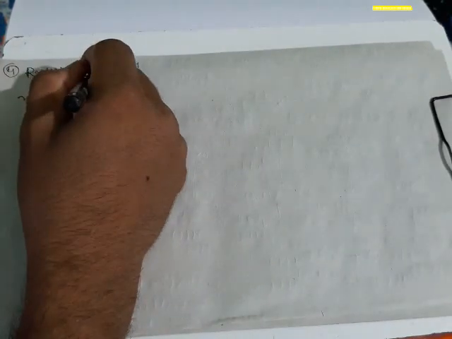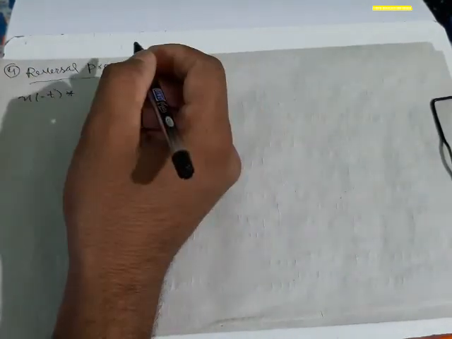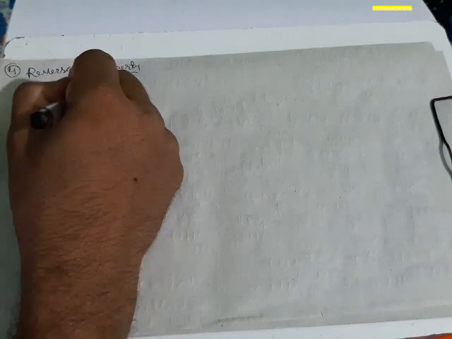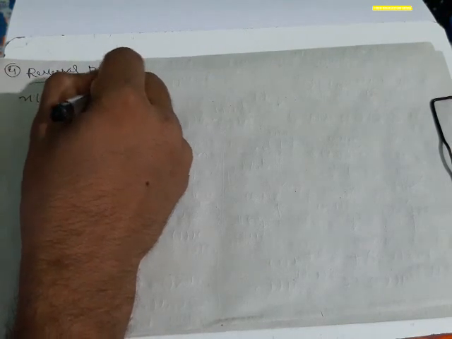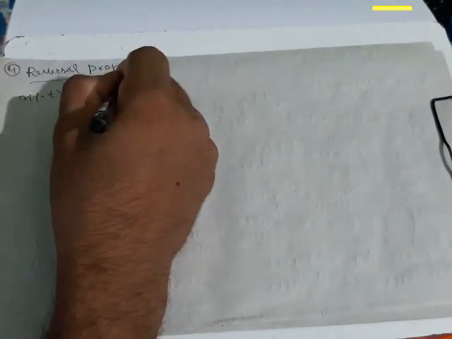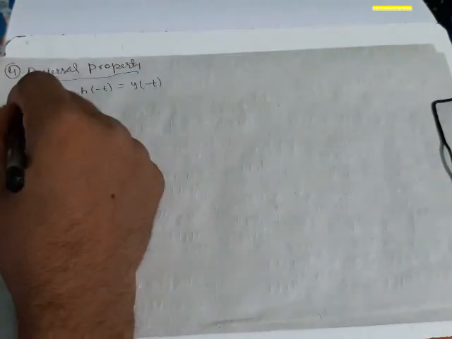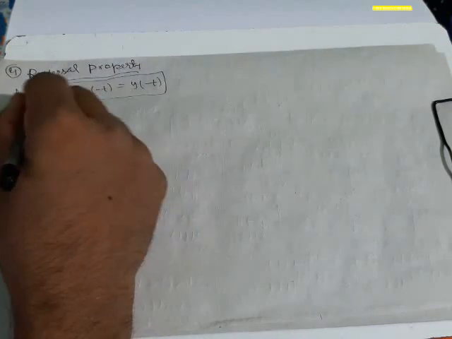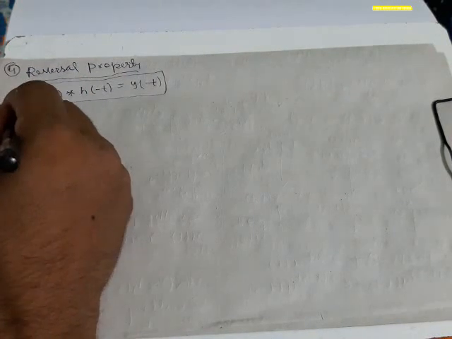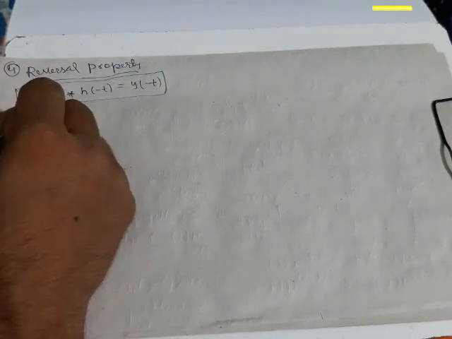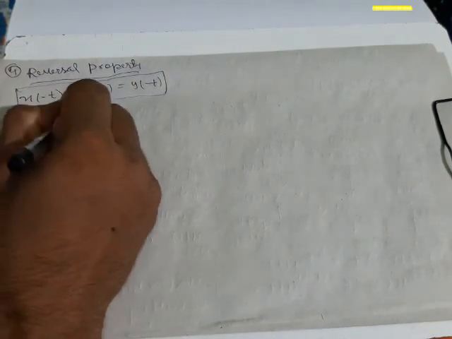So we can write it as 1 minus exponential minus t into u of t. Now if we apply the time reversal property, then what would be the effect? u of minus t convolution with exponential t into u of minus t equals 1 minus exponential t into u of minus t, by the time reversal property.